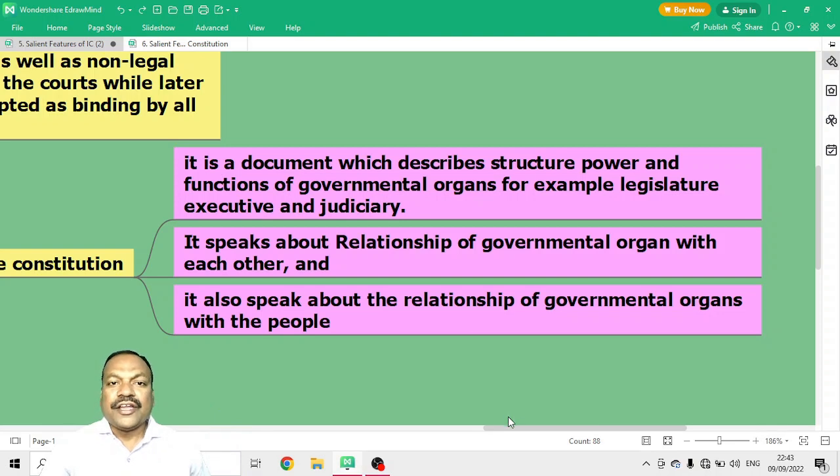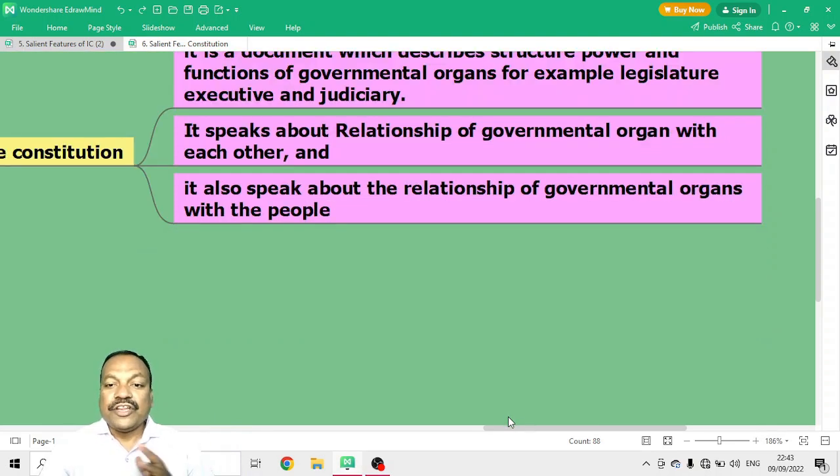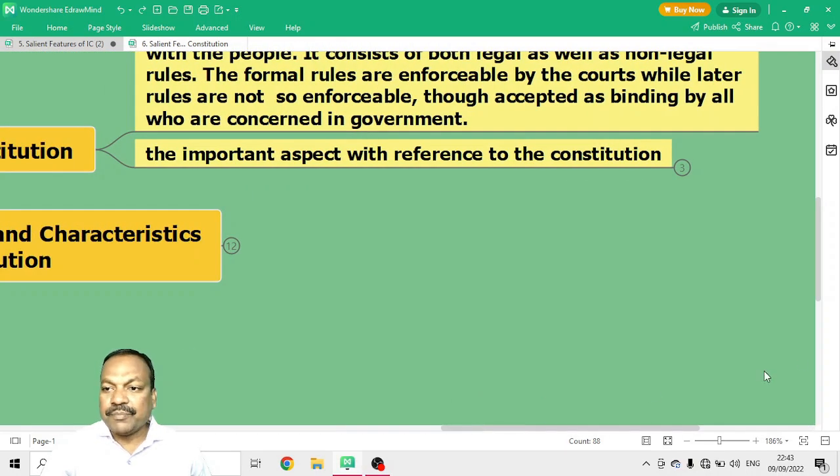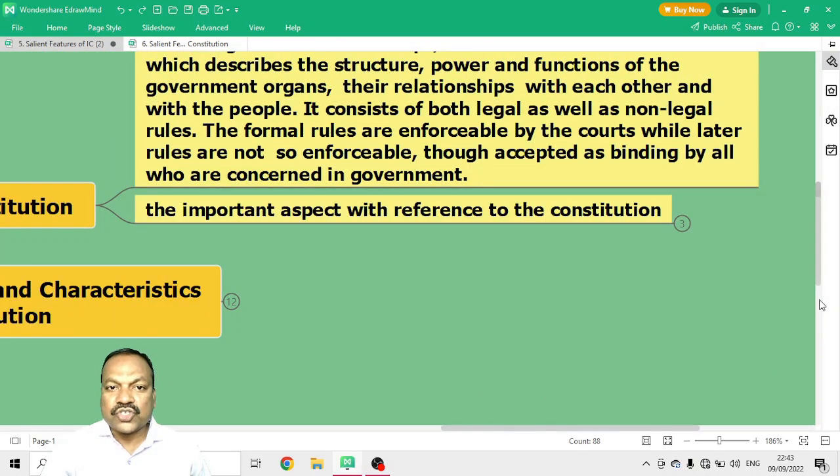And thirdly, it also speaks about the relationship of governmental organs with the people. In this way, we are able to see that our constitution has been described in a particular manner. It has a structure, it has powers and functions regarding the government organs. It is describing the relationship between these governmental organs and with the people as well.